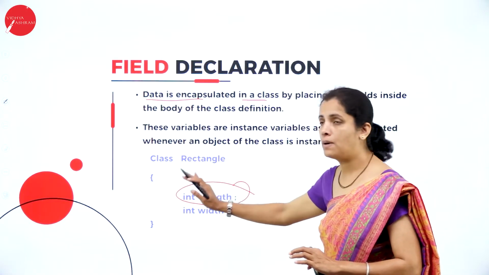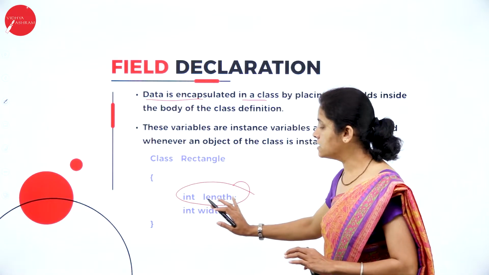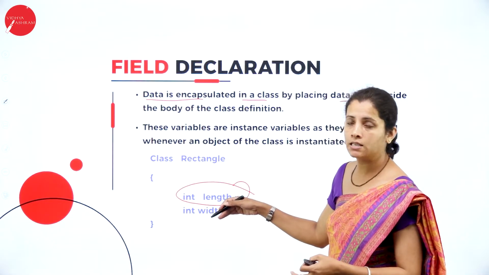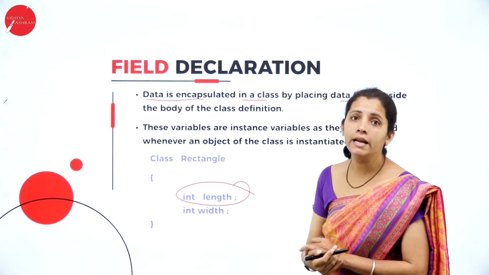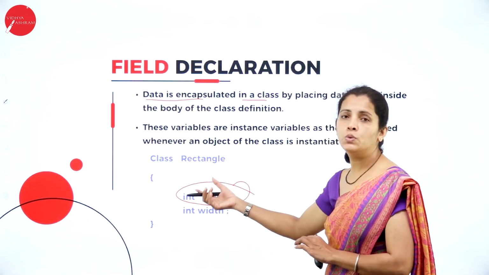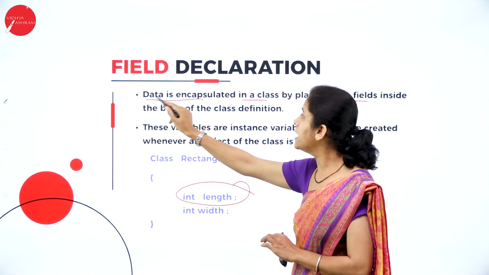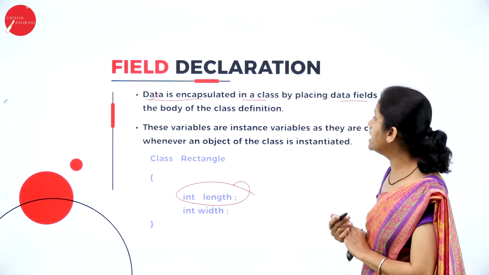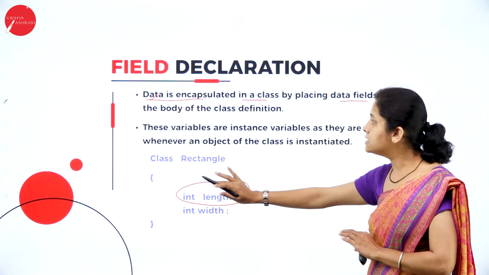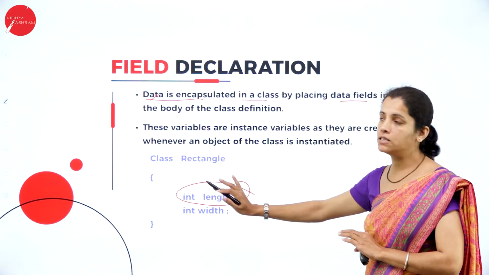If it is public, then it is accessed throughout the program. If it is private, only within the class. So if I want to provide data encapsulation, then I'm going to use a class.